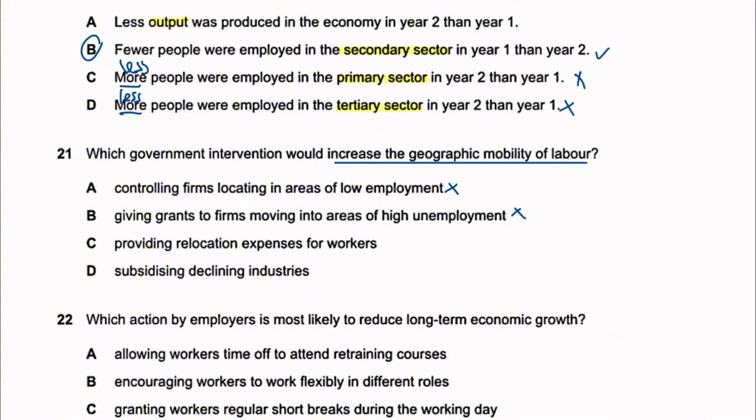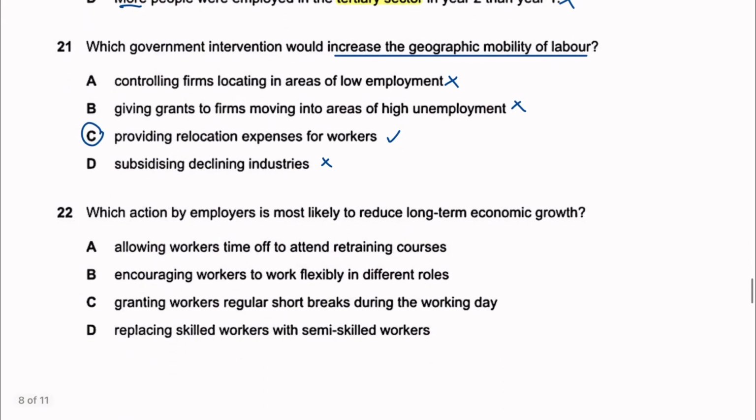C, providing relocation expenses for workers. Yes. So now they are able to travel and relocate to another location and work there. D, subsidizing declining industry. Not related to our question. C is the answer.